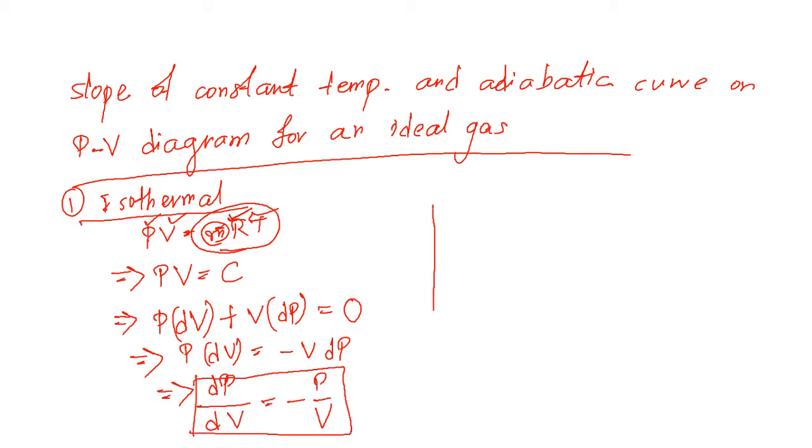How do we draw it? This is the P axis, this is the V axis, the volume axis. For an isothermal process, the path follows like this.